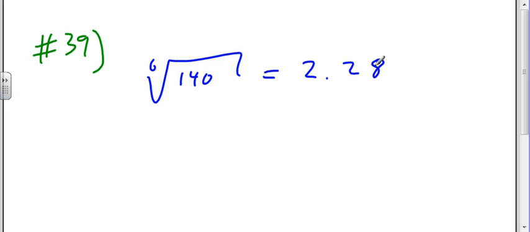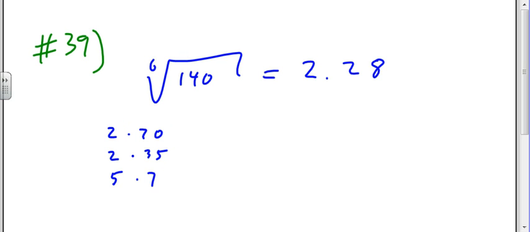Okay, so if I can make my calculator do it, I'm good. Is there any other way to do that, I wonder? 2 times 70, 2 times 35, 5 times 7. No, there's no other way to do it than to put it in my calculator.